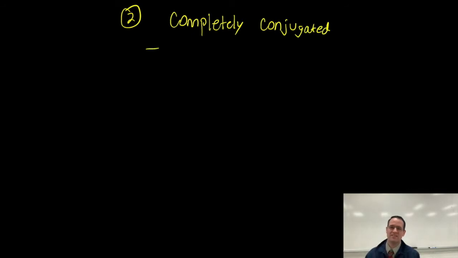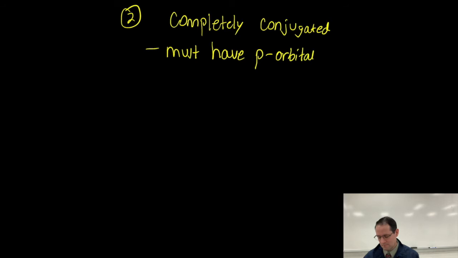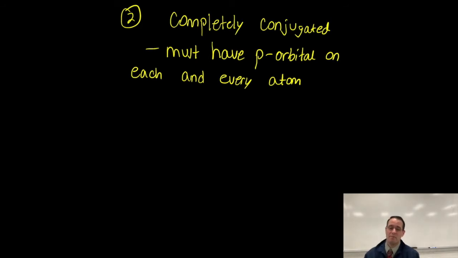Another way of stating this is that there has to be a p orbital on every single atom. Now, p orbitals come about from an sp2 or sp hybridized carbon atom. So review your hybridization. This is going to be very important.